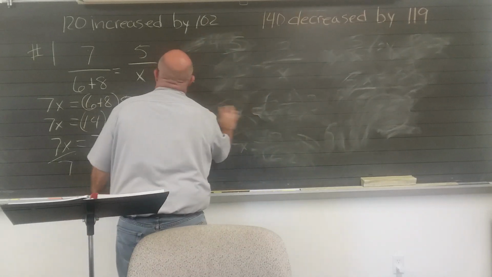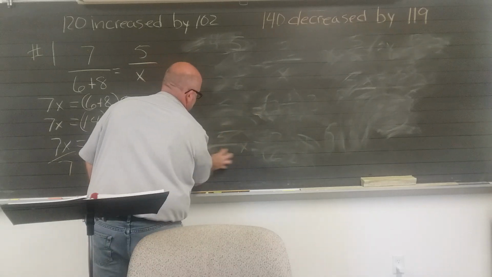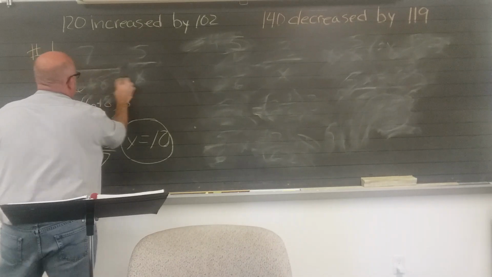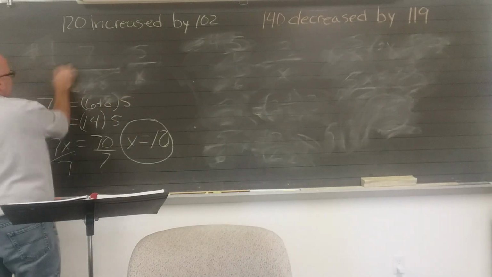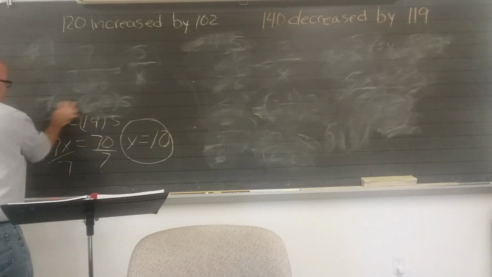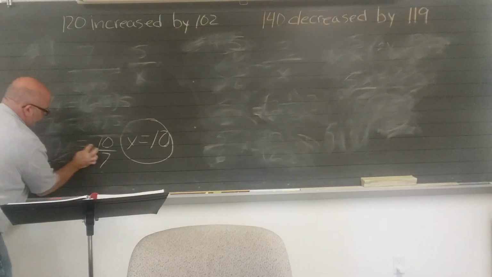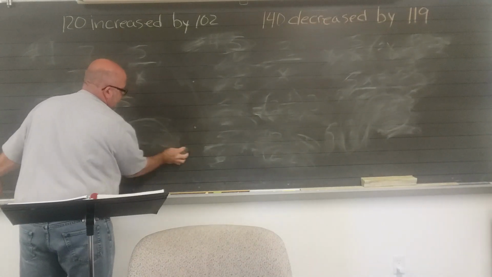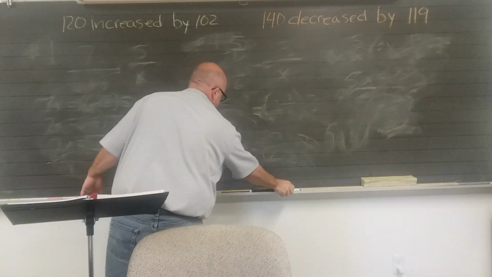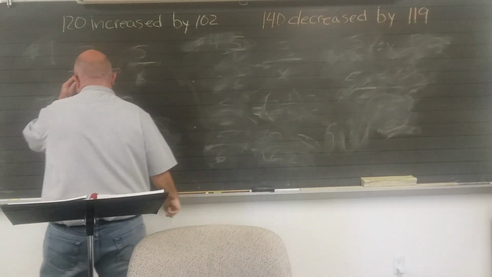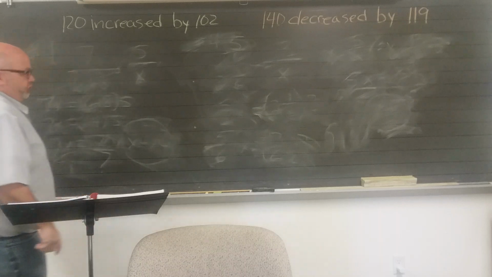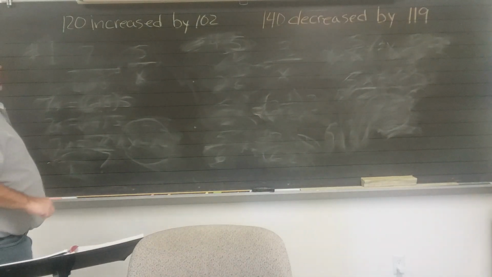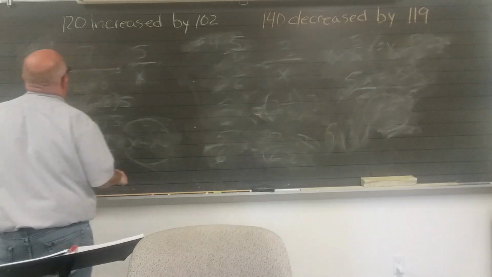Lesson 142. You are increasing a number or decreasing a number by another number, and I need to know the percent of increase and decrease, and then the final decreased or increased number. All right? 120 increased by 102.